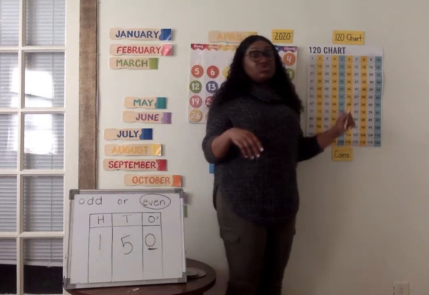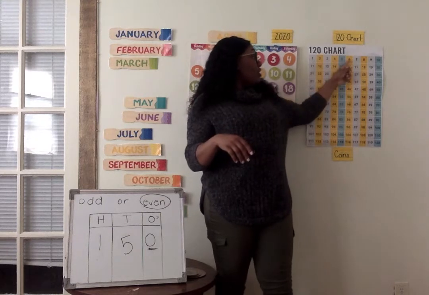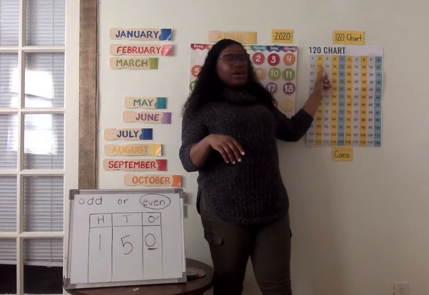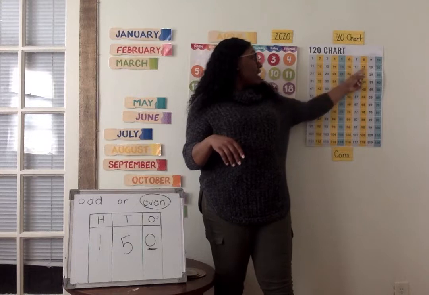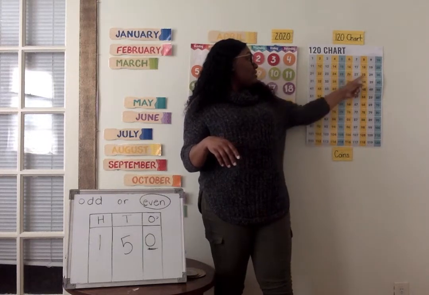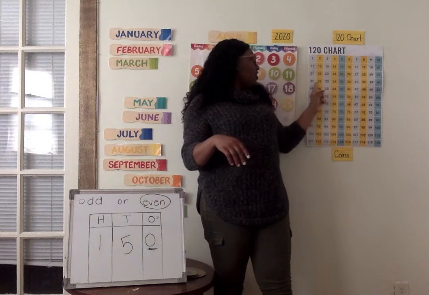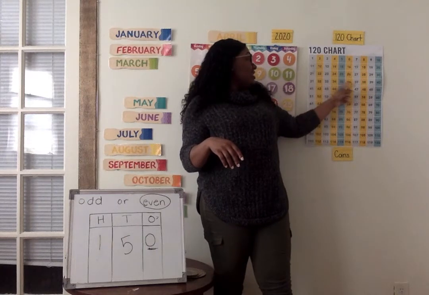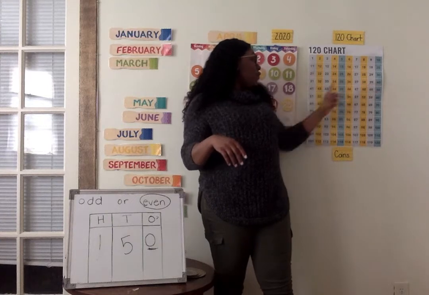Friends, let's count by twos. Get ready. 2, 4, 6, 8, 10, 12, 14, 16, 18, 20, 22, 24, 26, 28, 30, 32, 34, 36, 38, 40, 42.